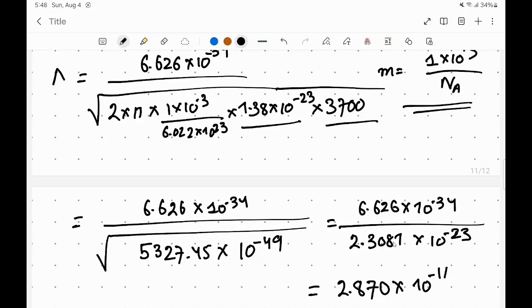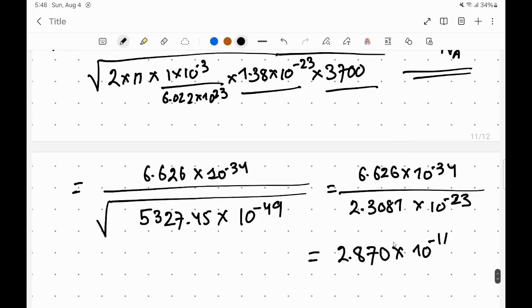It is approximately the same. So what is the problem? No, 10 to the power minus 11. No, I'm getting the same value. Don't know.